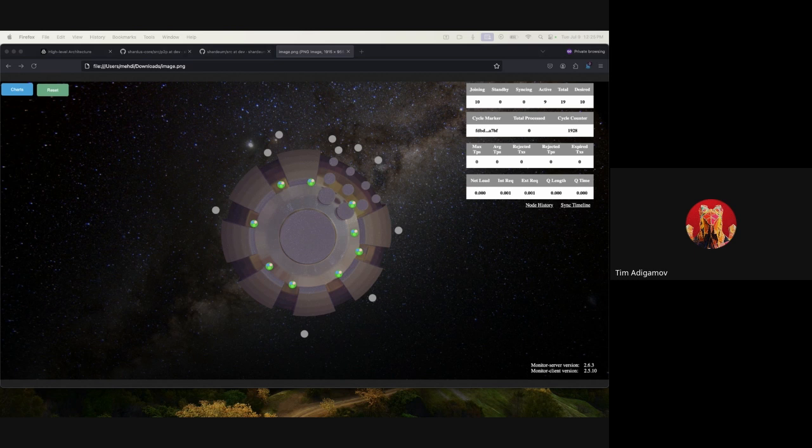Then we have another part of the system which relates to transaction processing. It's kind of isolated from the cycle chain, but the nodes in our network are actually saving the transaction state.